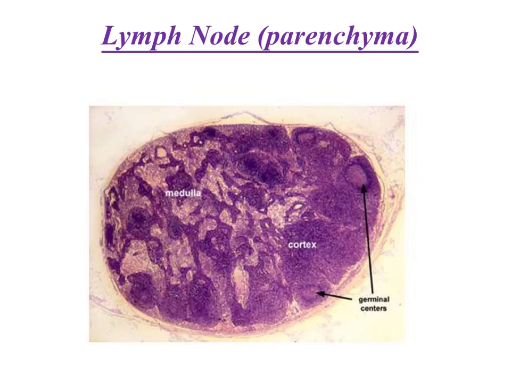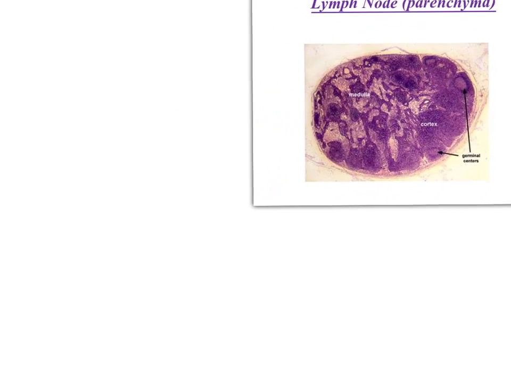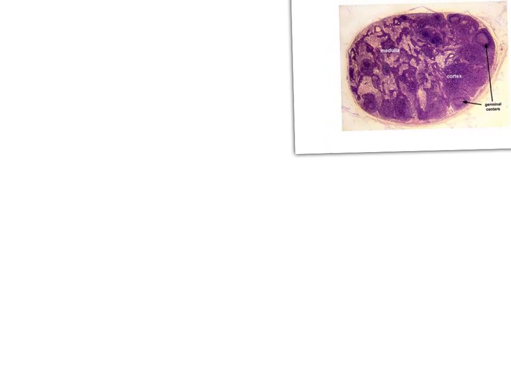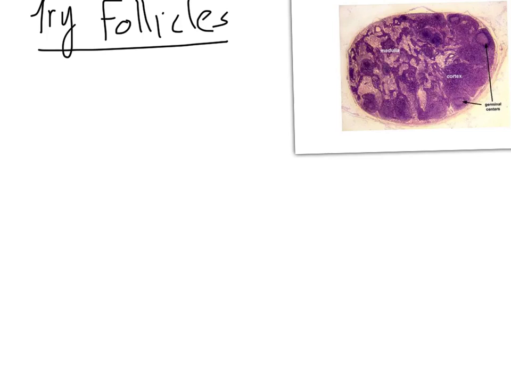What are the possible questions in this slide? You may be asked about the structure of the primary follicle or nodule. What are the cells present in the primary follicles? Most important is the B lymphocytes.